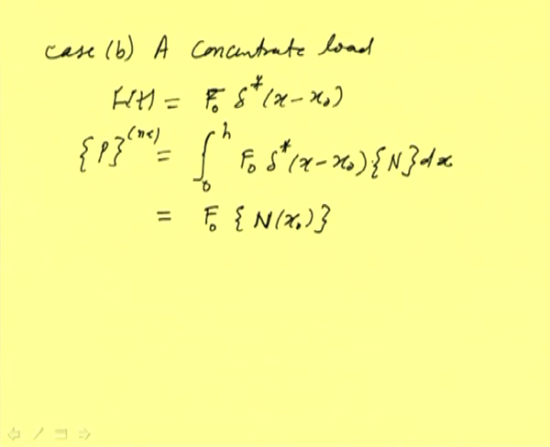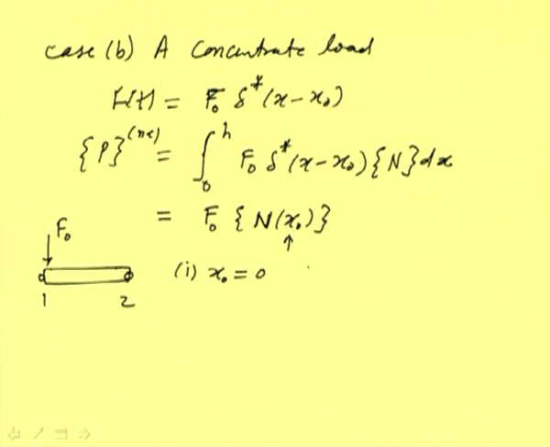So let us see this particular thing for different cases of concentrated load. Let us say the force is acting here at node 1. So for this case, x naught is 0 because this is the position of the concentrated load.